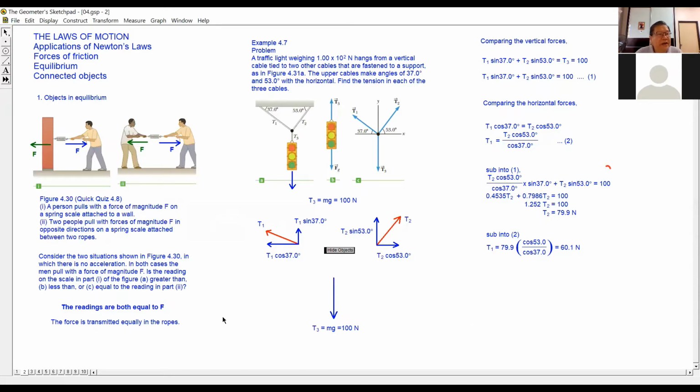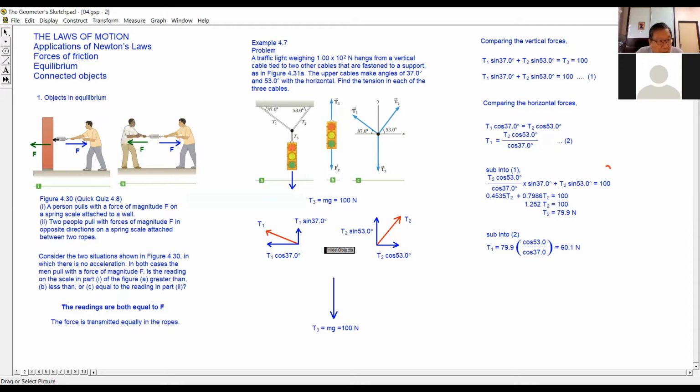In the first case, a person pulls with a force of magnitude F on a spring scale attached to a wall. If the man is pulling with a force of F, it is recorded in the spring balance here.